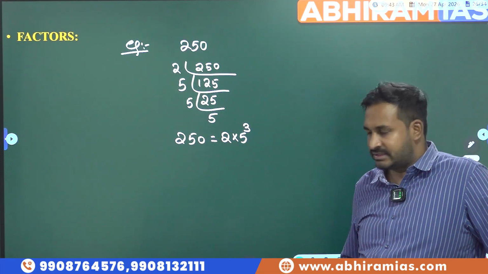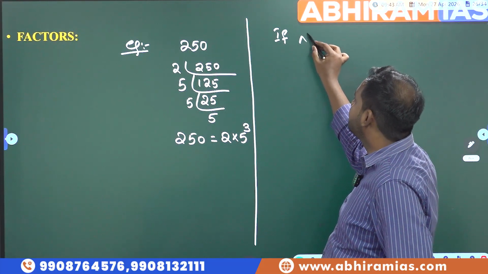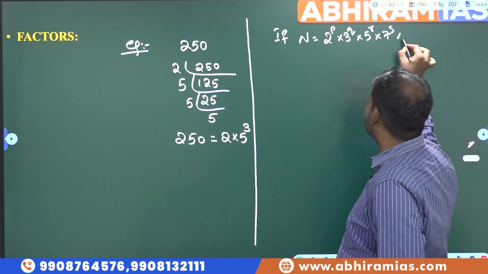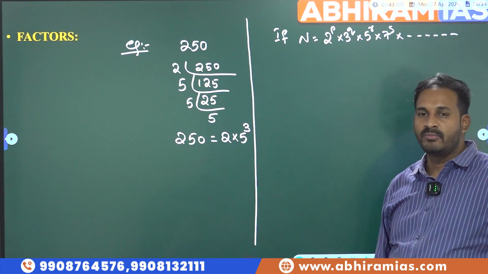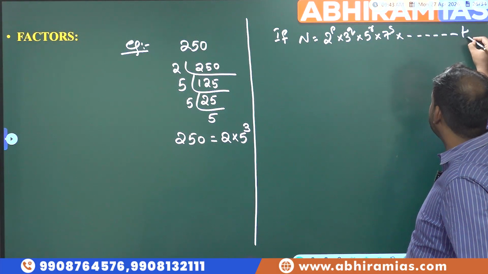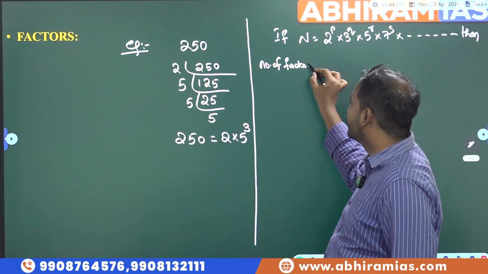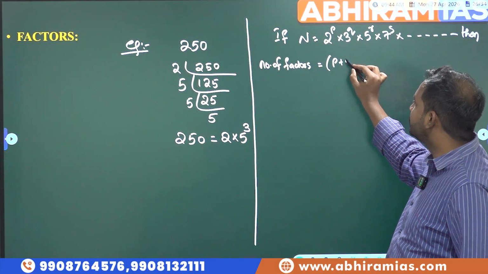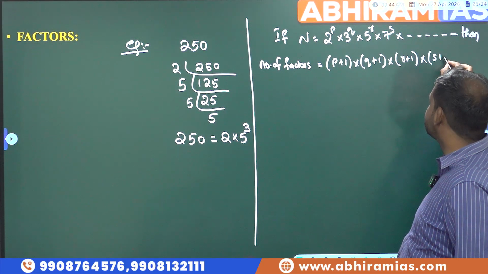Next. If n is equal to 2 power p into 3 power q into 5 power r into 7 power s and so on, that means we have expressed the given number as a product of prime numbers, then the number of factors is equal to (p plus 1) into (q plus 1) into (r plus 1) into (s plus 1) and so on.